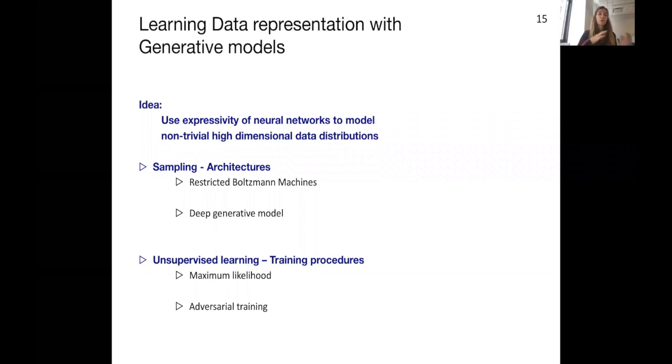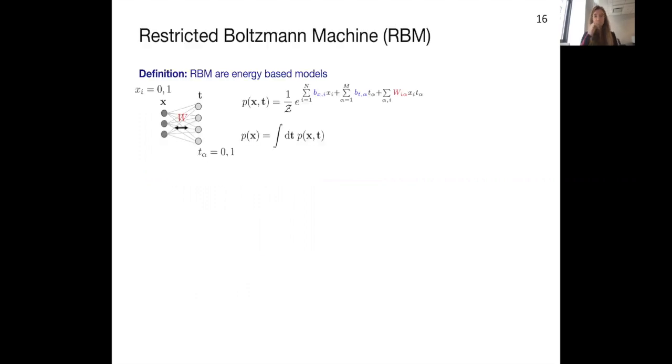I will walk you through those different architectures, as well as telling you how we can use them in inverse problems. The first class of generative models that I want to tell you about are restricted Boltzmann machines, which are historically the first type of generative models, and are energy-based models, meaning that they are actually an undirected neural network made of two layers, an input and a hidden representation, with units that are typically binary, 0 or 1.